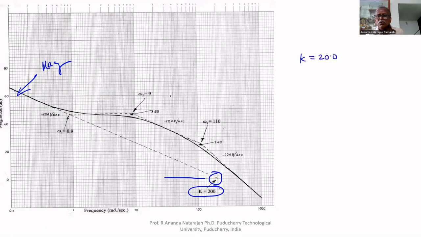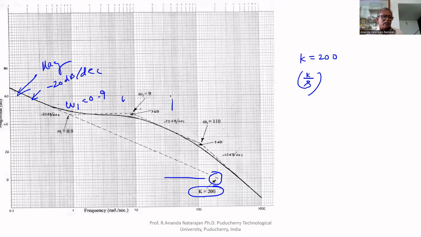The slope here is minus 20 dB per decade. Initial slope, not a horizontal line. Therefore, K by s. The first factor is K by s. The next one is it becomes horizontal. The corner frequency is omega 1 equal to 0.9.